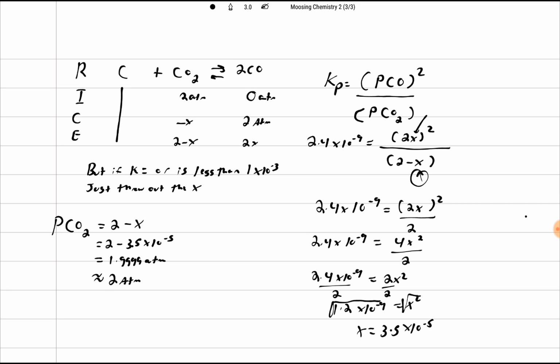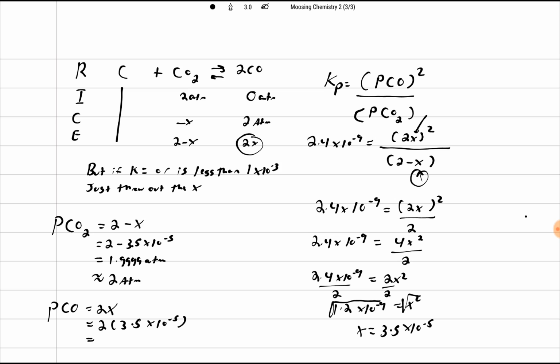Okay, so let's look at the partial pressure of the carbon monoxide. So PCO equals, of course, 2x, because of this x right here. So this would be 2 times 3.5 times 10 to the negative 5th.